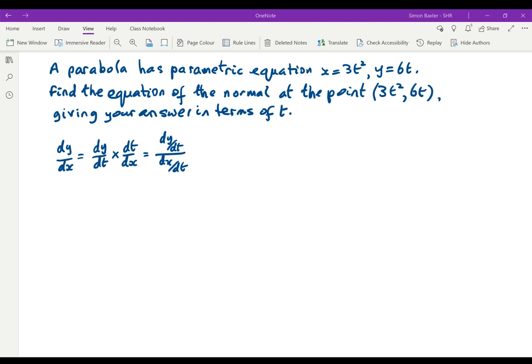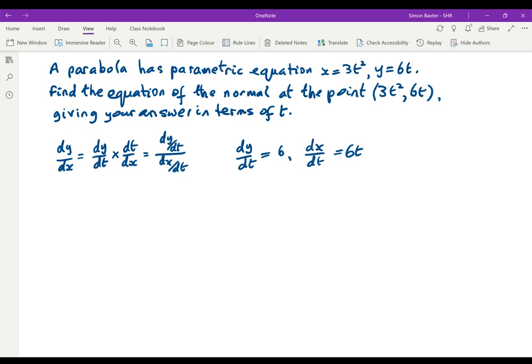But we know that y is 6t. If y is 6t, then dy by dt is 6. We also know that x is 3t squared, so dx by dt is 6t.